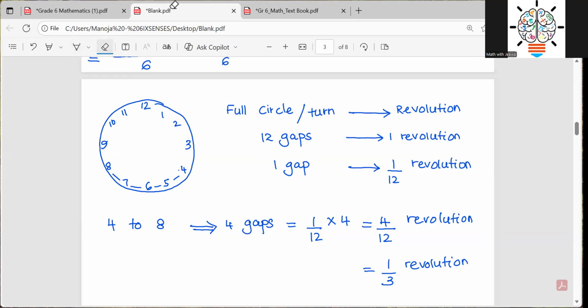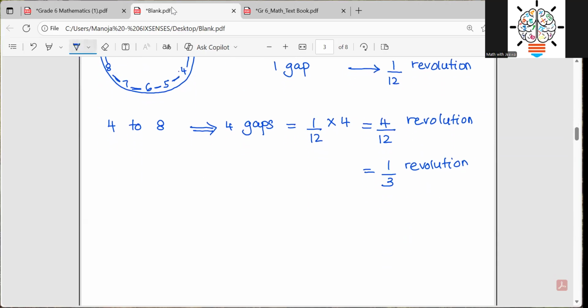What you are supposed to do, you start from 3, you mark 3 and 9 and count how many gaps. 1, 2, 3, 4, 5, 6, right? So we have 3 to 9. How many gaps do I have? 6 gaps I have.